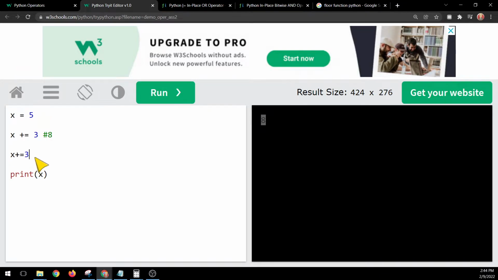And then if we do x plus 3 again, what do you think we're going to end up with? 11, right? So it's like saying 8 plus 3. So give that a try, plus equals.